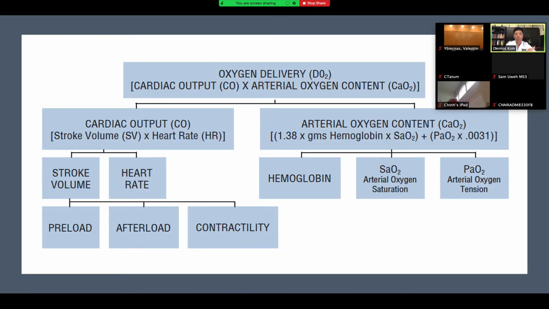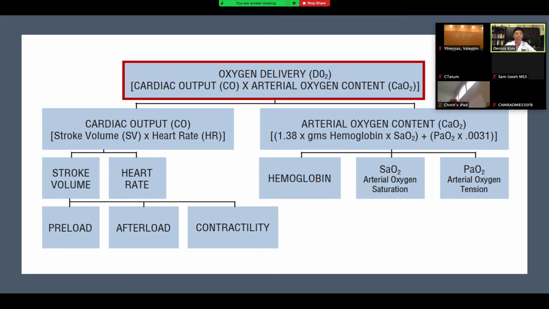This is probably the most important and most discussed equation in critical care medicine, our DO2, or oxygen delivery equation. The key thing here is that we have a pump, or the cardiac output, and then we have what's being delivered by that pump, namely the arterial oxygen content. And we know that the key factors determining cardiac output are heart rate and stroke volume.